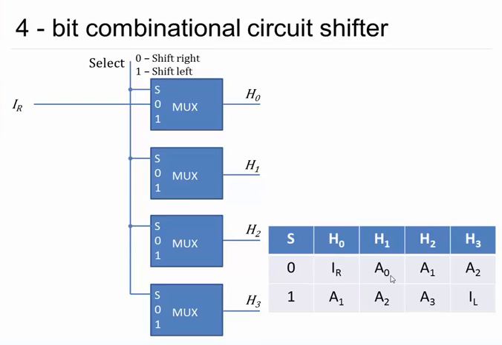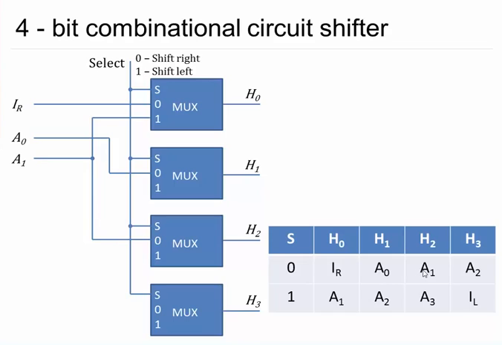A0 is to be connected to the second mux 0 line. A1 is to be connected to 2 places, as you can see from the table. For H2 we require A1 over here into the 0th line, and A1 is also connected to H0, so over here into the first line. So you can see this, A1 is connected to the first line of the first mux and it is connected to the 0th line of the third mux.